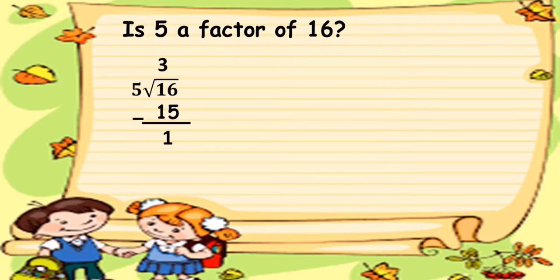For another example, is 5 a factor of 16? We know whether 5 is a factor of 16 or not by dividing. So, when we divide 16 by 5, we have the quotient is 3 and the remainder is 1.